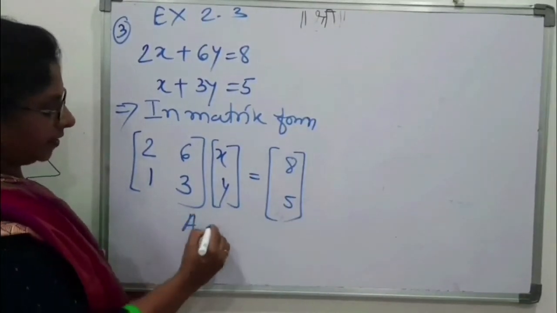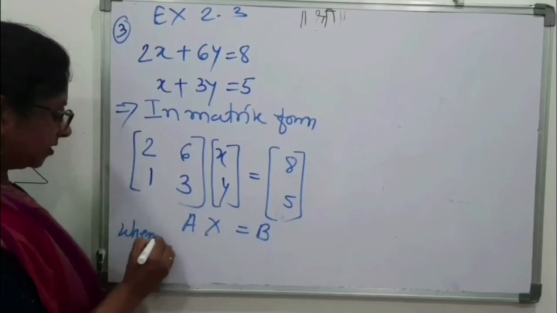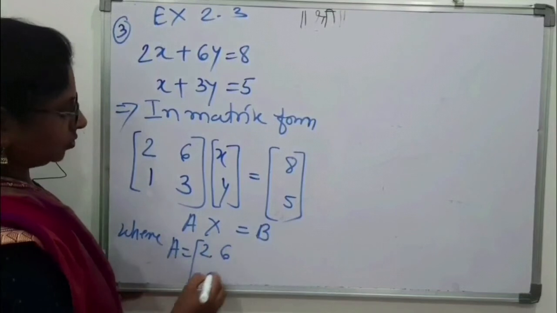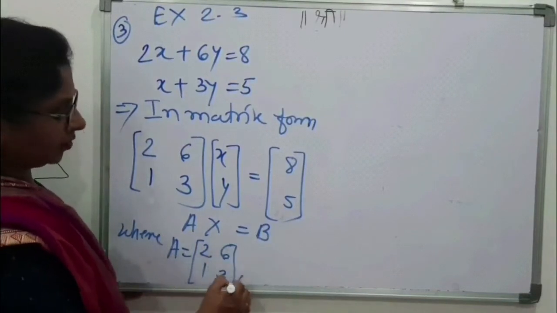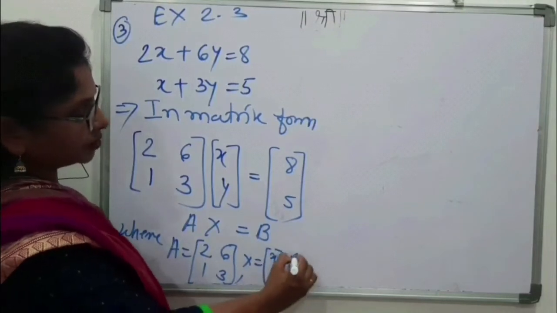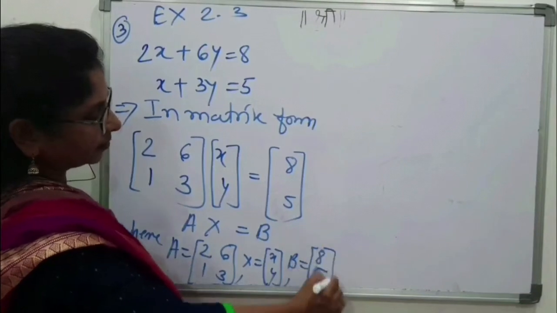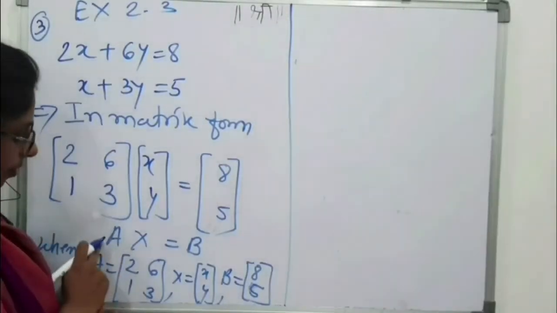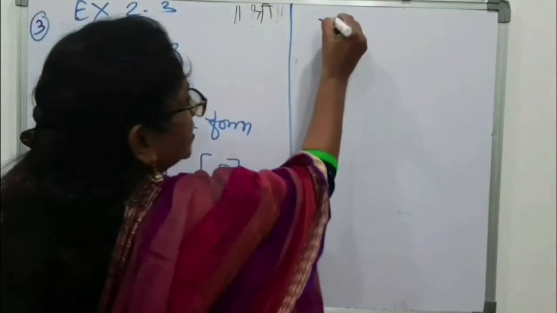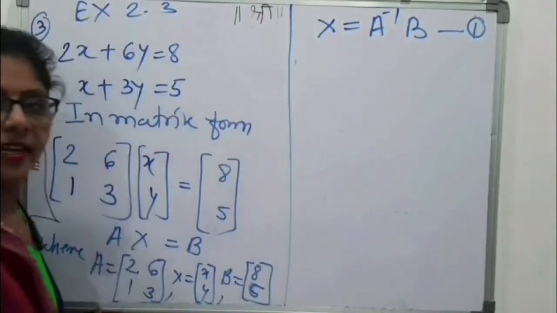This is again A, this is X and this is your B. You have to mention this, it is compulsory. A is 2, 6, 1, 3. X is x, y. And B is 8, 5. Now if we pre-multiply by A inverse on both sides, we get X equals A inverse B. Directly we can take it here.